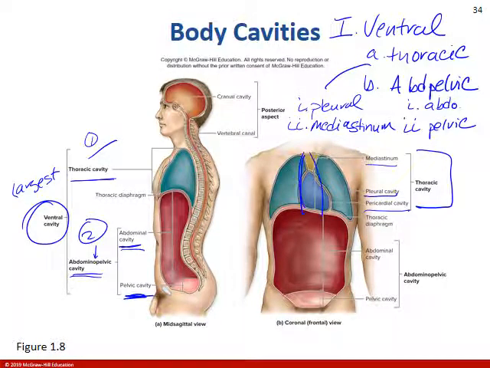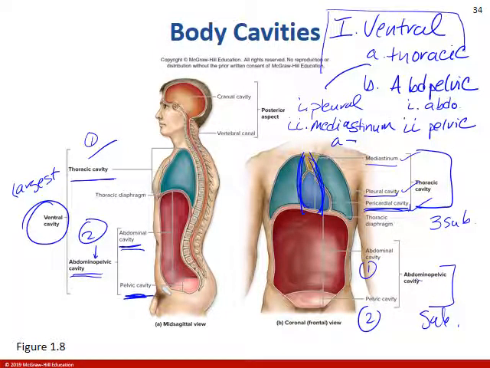Sometimes people will say all of this is mediastinum, and then within mediastinum is pericardial cavity. Here it's listed out separate, that's fine. So you can see that the thoracic cavity has 1, 2, 3 subcavities, and abdominopelvic here has 2 subcavities. So sometimes writing an outline helps kind of organize all this information.